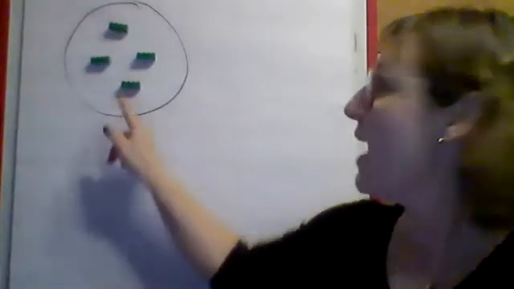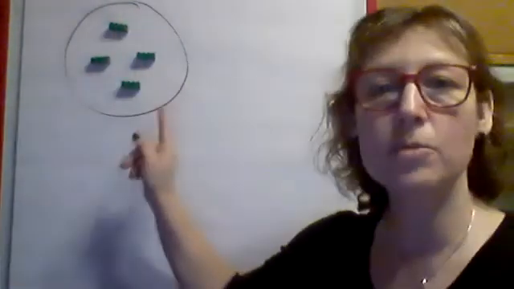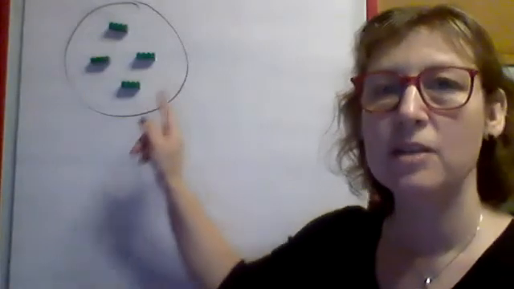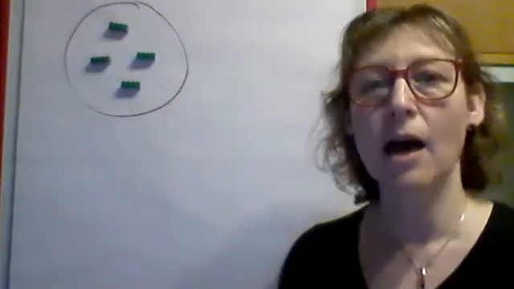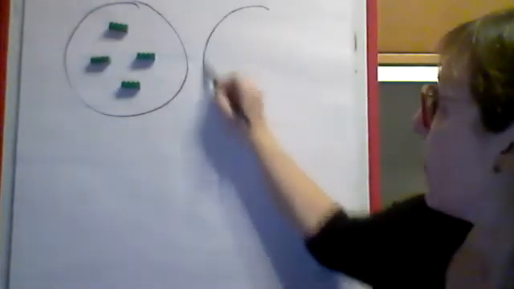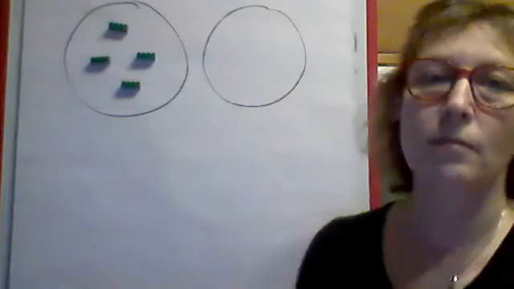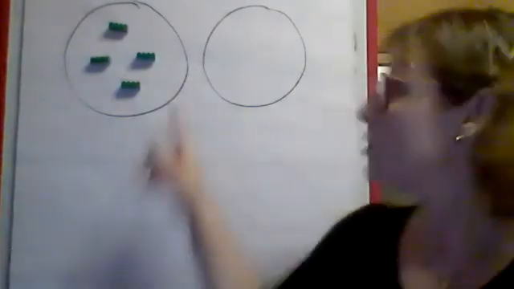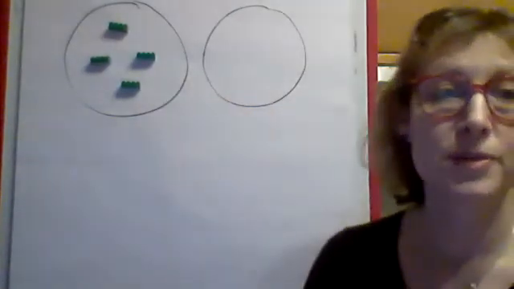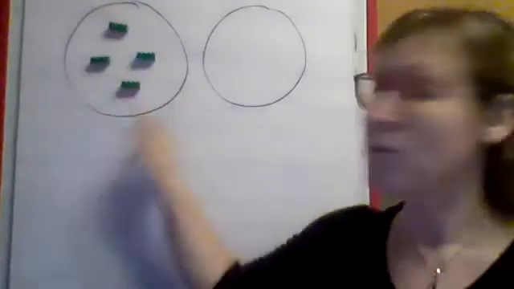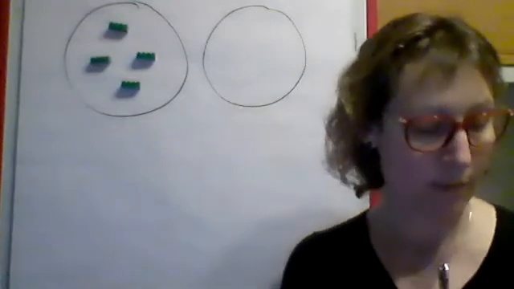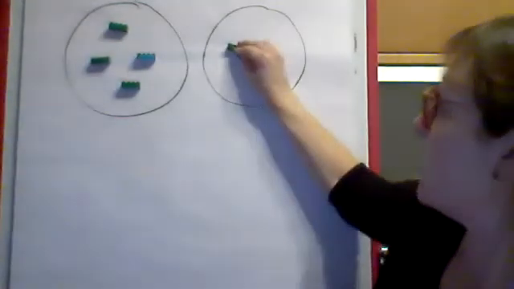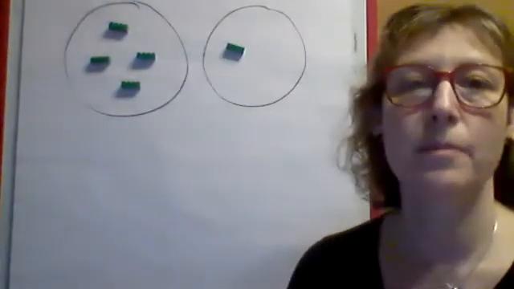So I have one group and I have 1, 2, 3, 4 objects in my group. Next to it, I'm going to draw another group. So now I have 2 groups. I've got 4 cubes in that group and I've got nothing in that group. So I'm going to put a cube in that group.